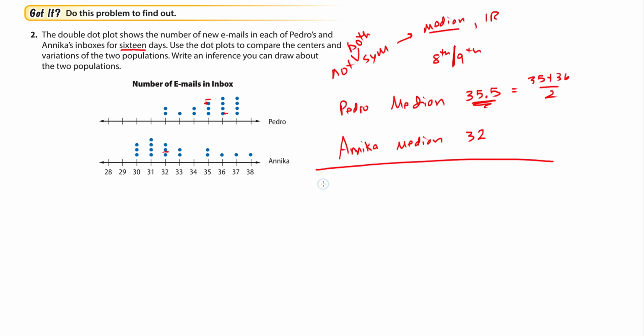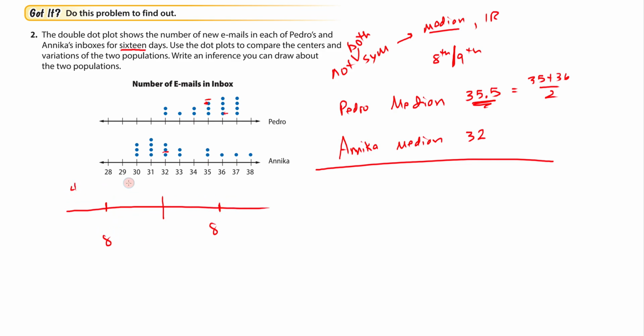So now let's talk about the variation. The variation I'm going to do is the interquartile range. So let's think about it. There are 16 numbers. If there's 16 numbers, we chop the data in half. There's 8 numbers on either side. But to get the interquartile range, I need to chop this data in half and this data in half.